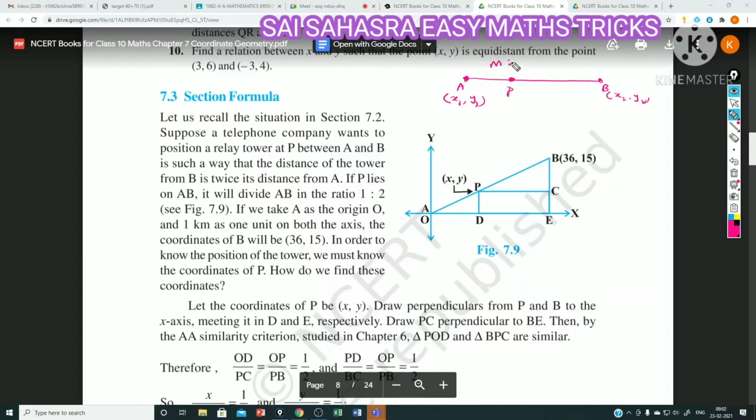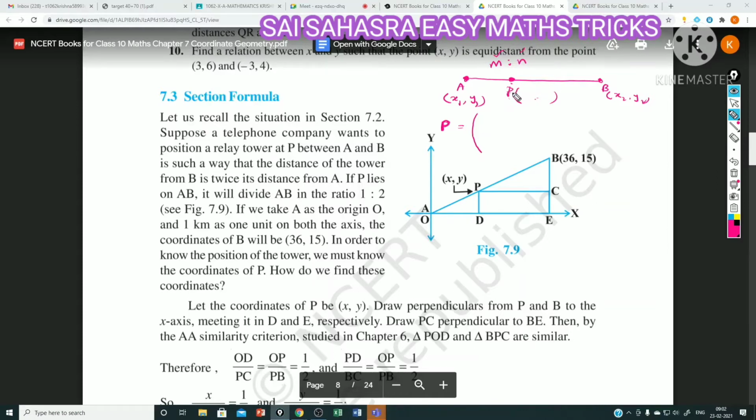M is to N. For example, the ratio is M is to N. Then if you wanted to know this dividing point P, which point is dividing the joining of point A and point B in the ratio M is to N, what is P here?